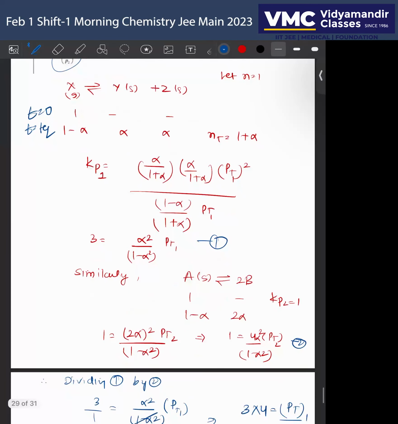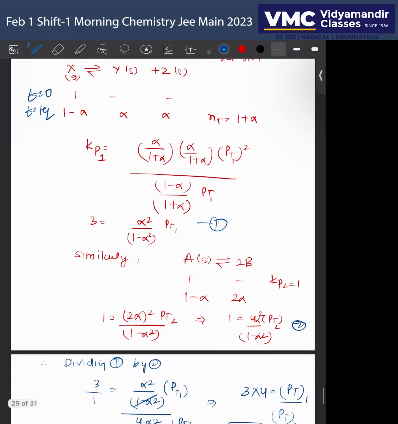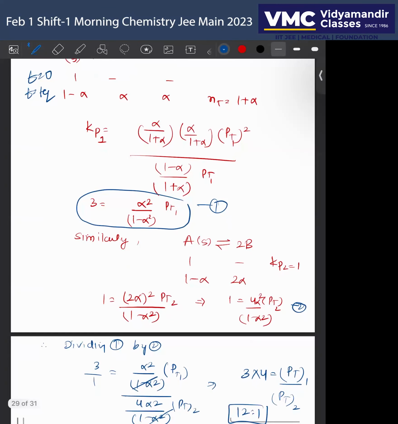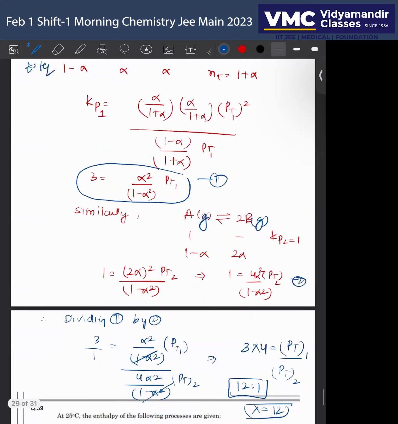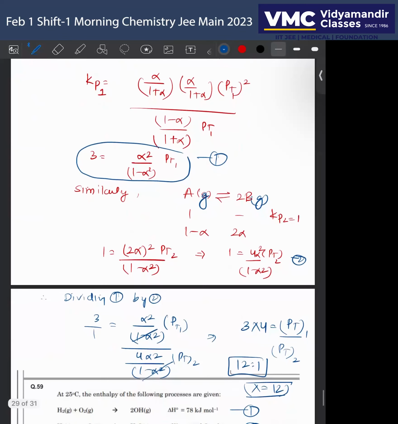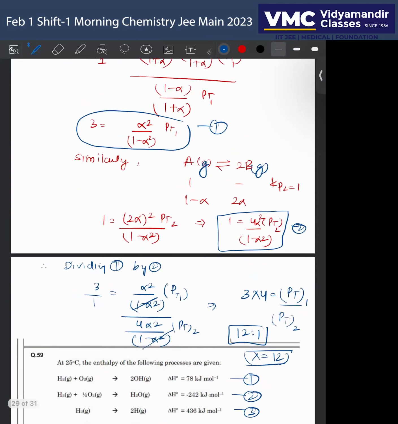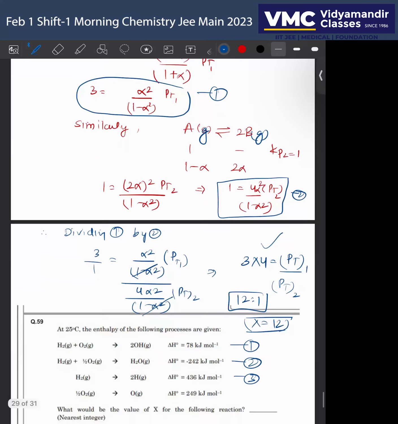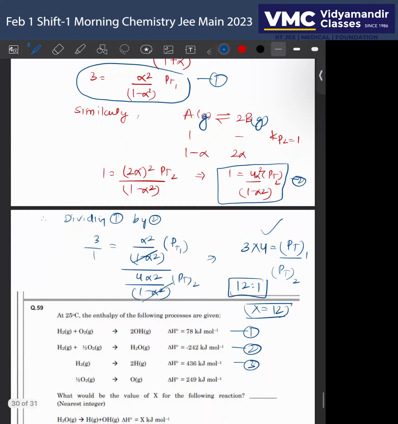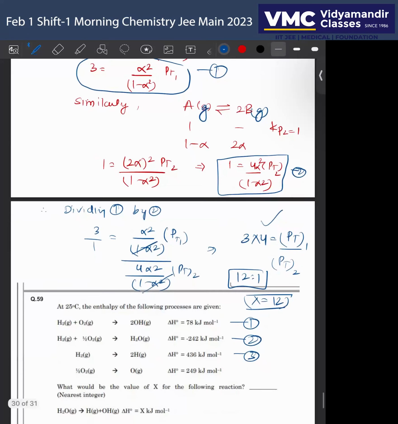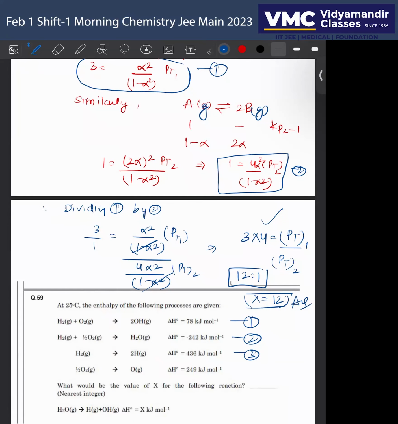Applying Kp for the same, we'll get this out of it, after applying the same over the other reaction, it gives me this. So I can compare 1 and 2 by dividing. So 3 by 1 will equal PT1 by PT2. On solving this, I get PT1 by PT2 equals 12 is to 1. So X here is 12, which is my correct answer.